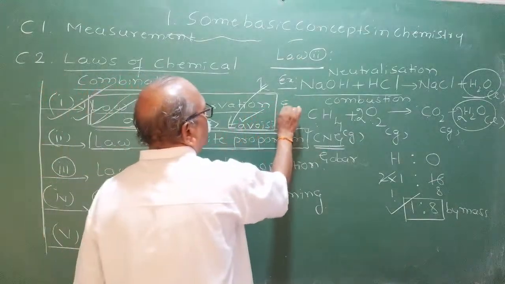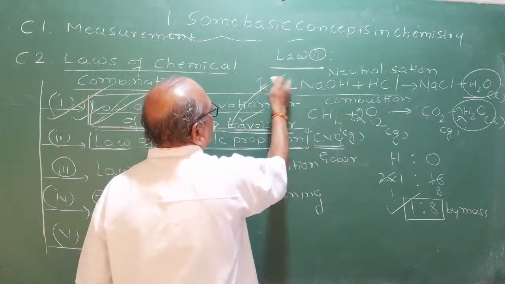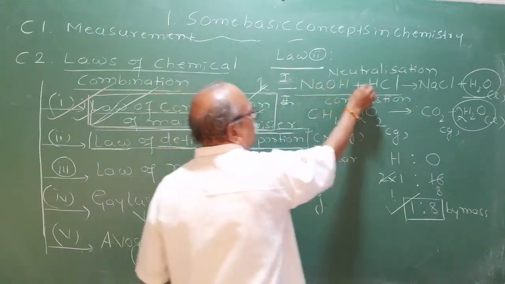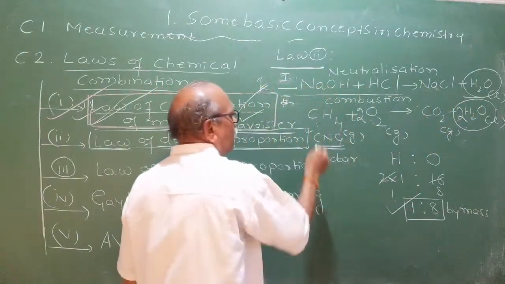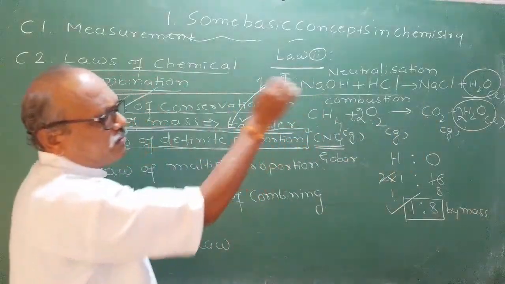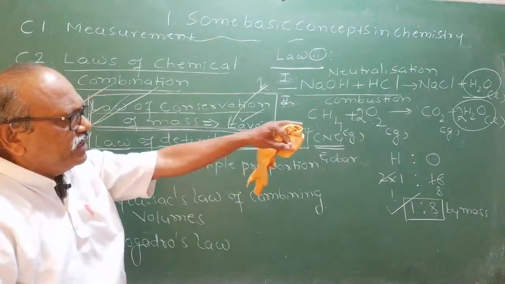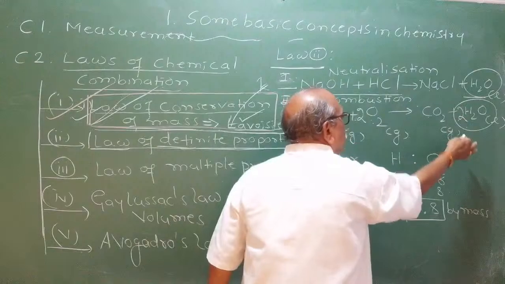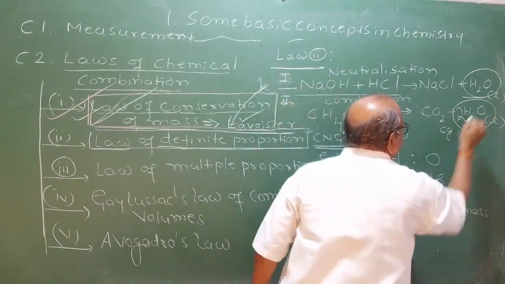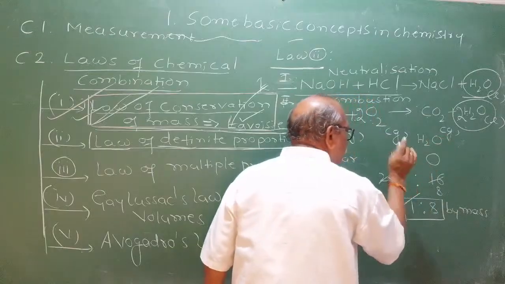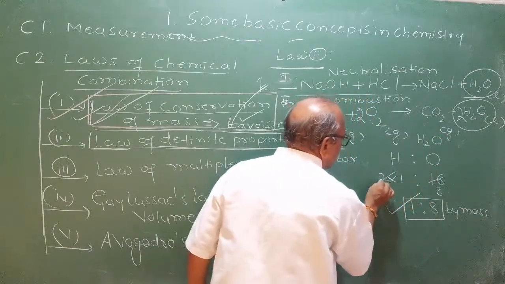Now, we prepared water by 2 methods. This is the first method, this is the second method. By neutralization reaction of acid and base also you can get water. By combustion of methane gas also you can get water. Any hydrocarbon on burning, one of the products will be carbon dioxide, another will be water. Here water is prepared by different methods, but the ratio in which hydrogen and oxygen are combined inside the water is always the same by mass.